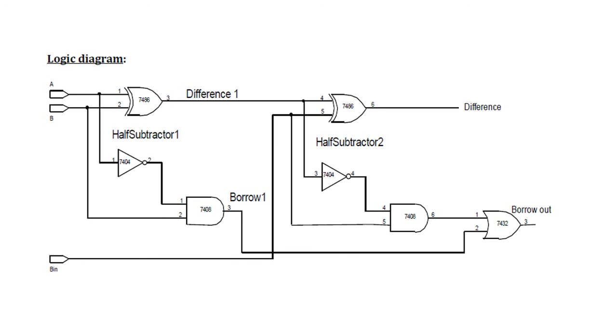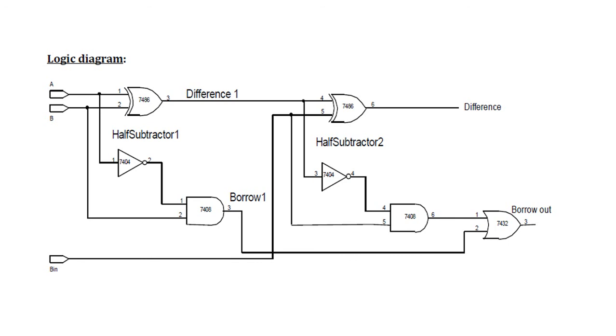This third pin output is connected to the input of the fourth pin of the XOR, and fifth pin is connected to the one more input B in, so that A, B, B in. These are the 3 input combinations. And 7486 sixth pin, sorry, 6th pin is output, that will be the difference.